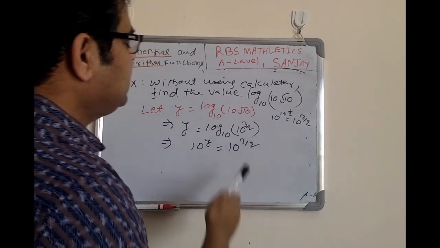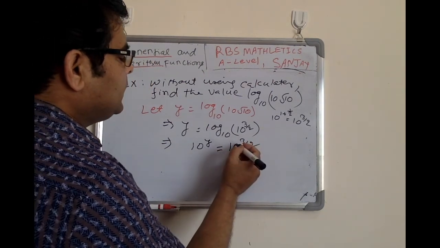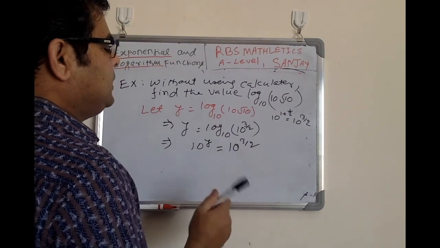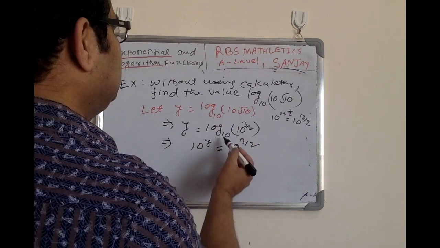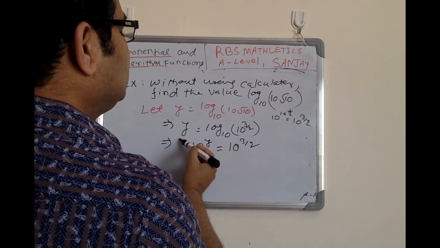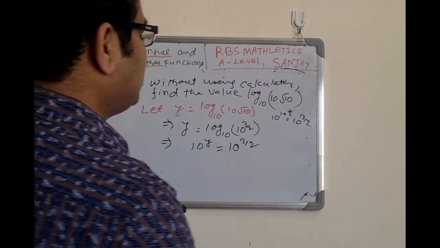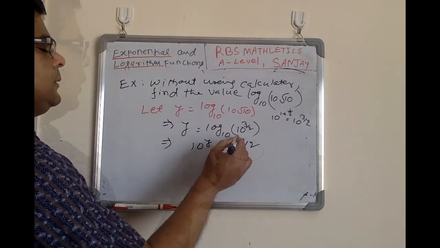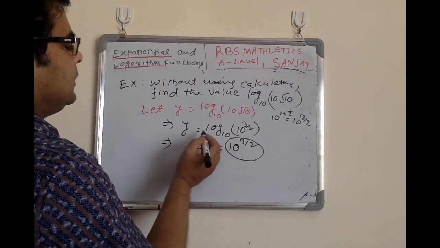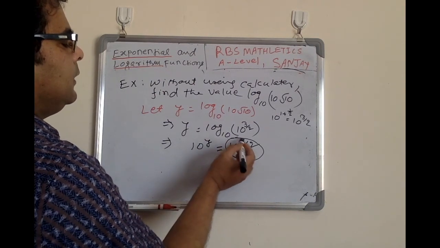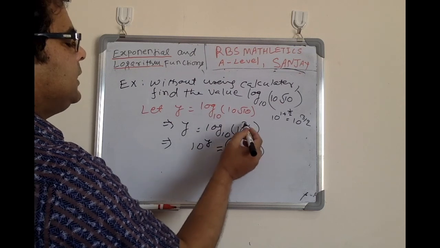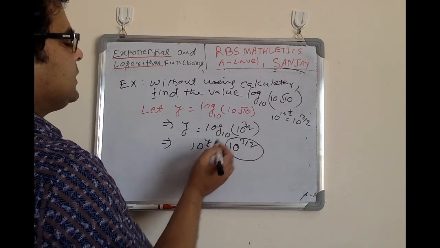Once again, if you go from this term to the previous term, you can read out that 10 to the power y equals 10 to the power 3 by 2. So y is the logarithm of this number to base 10.